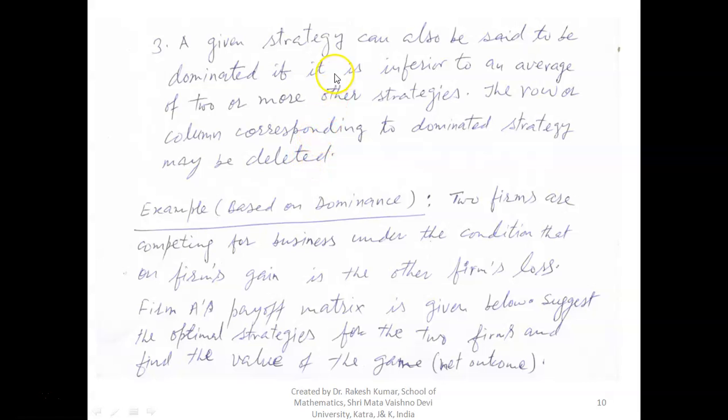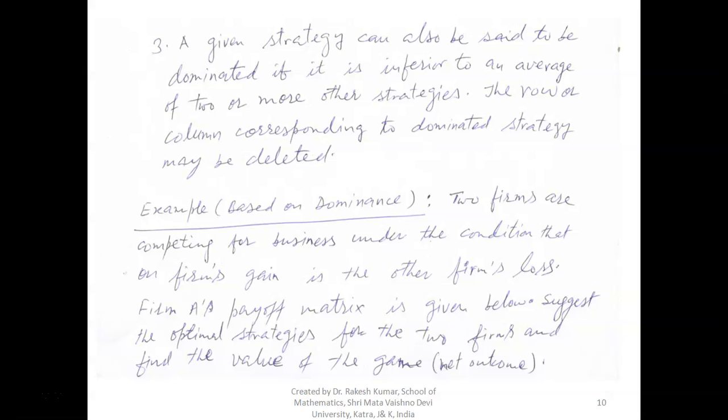Okay, so sometimes it happens that you are not able to find that all the elements of a particular row are less than or equal to all the elements of any other row, or a similar thing happens with the columns.